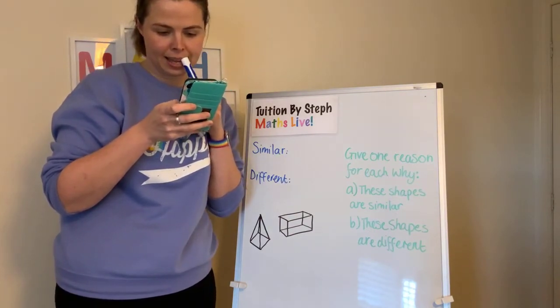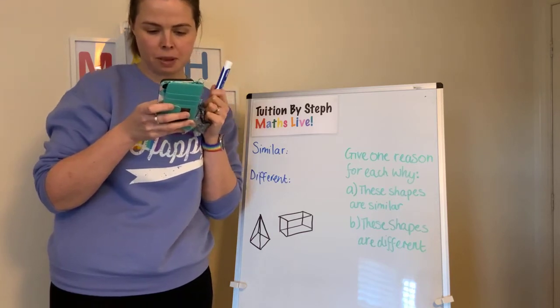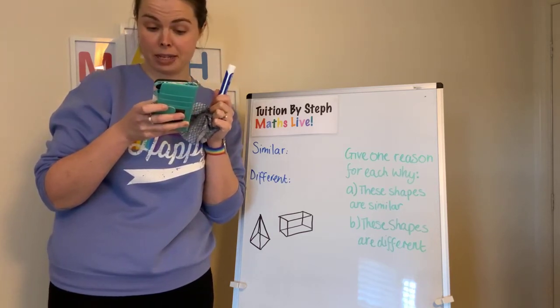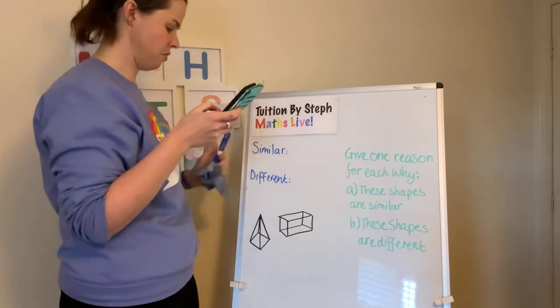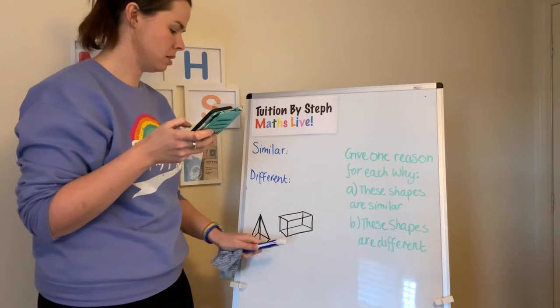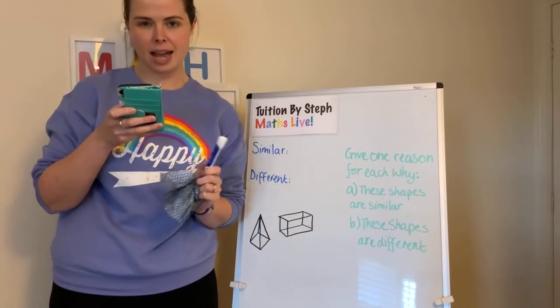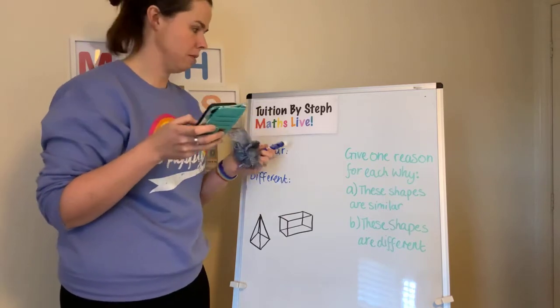They are different shapes because one is a square base pyramid and one is a cuboid. Excellent. So they're different because they're literally different shapes. This is a square base pyramid, and this is a cuboid.